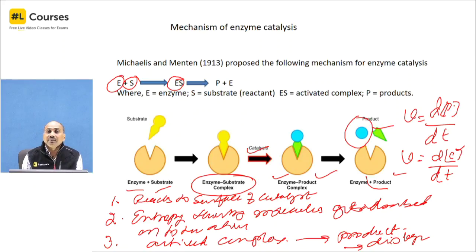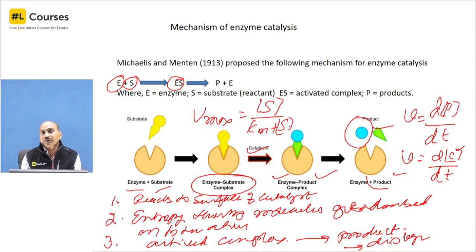Finally he derives the equation, but that derivation is not there for you people, so we are directly taking the Michaelis-Menten equation, where he says the velocity of enzyme catalysis is the maximum velocity times the substrate concentration over Km, which is a constant, with respect to the concentration of substrate.